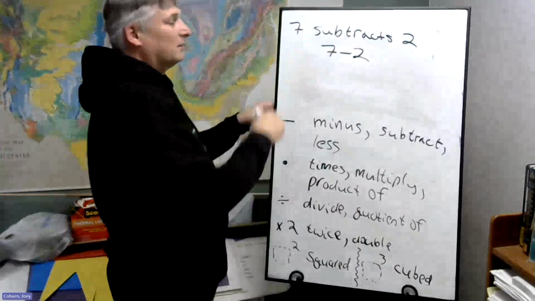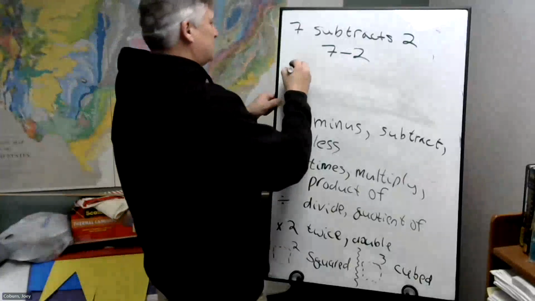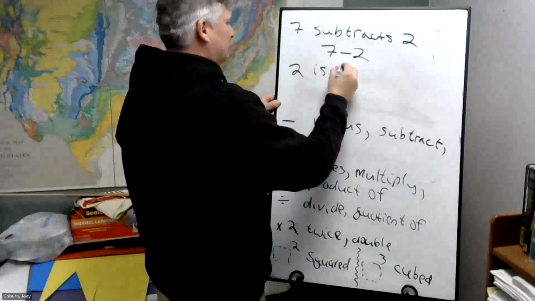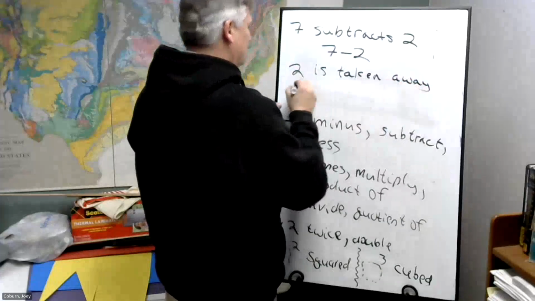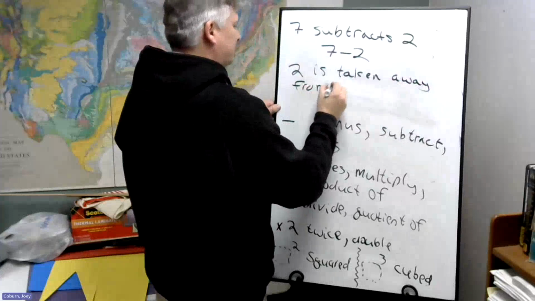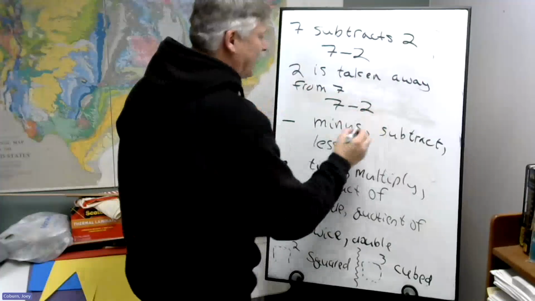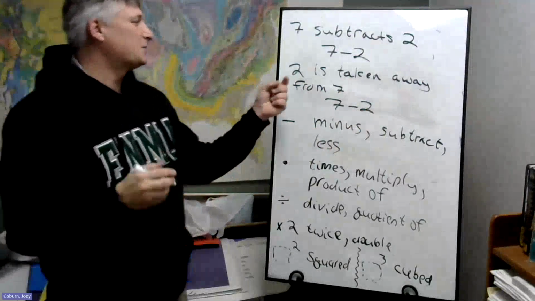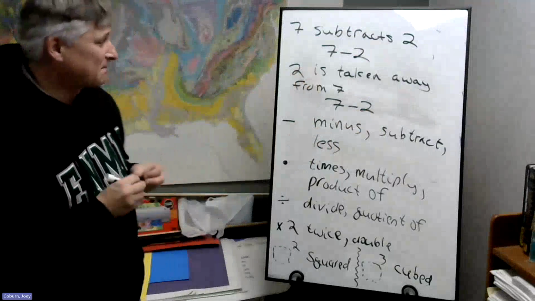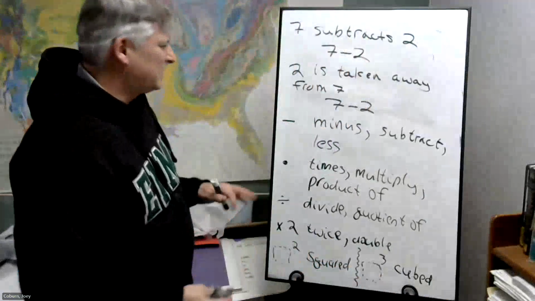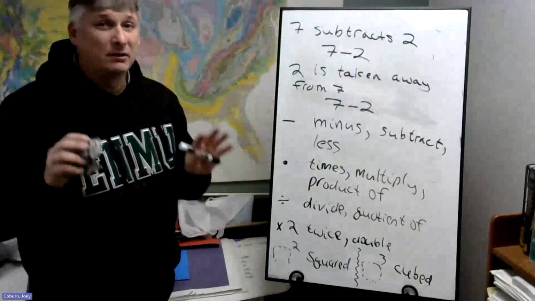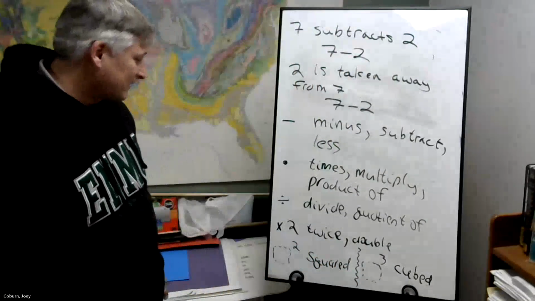You get that. Or you can say 2 is taken away from 7, and you still get that. And this is a case where is does not mean an equal sign. All right. So yeah, any questions about that, let me know. That can be a bit confusing.